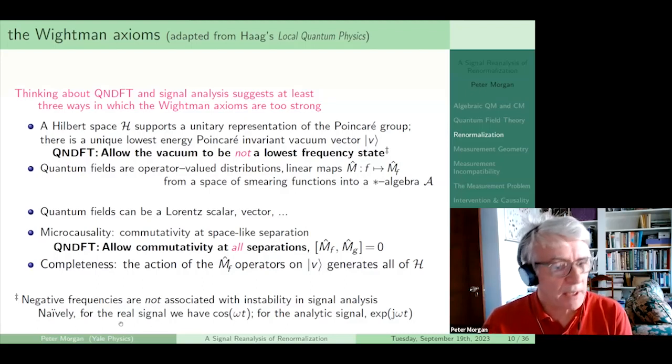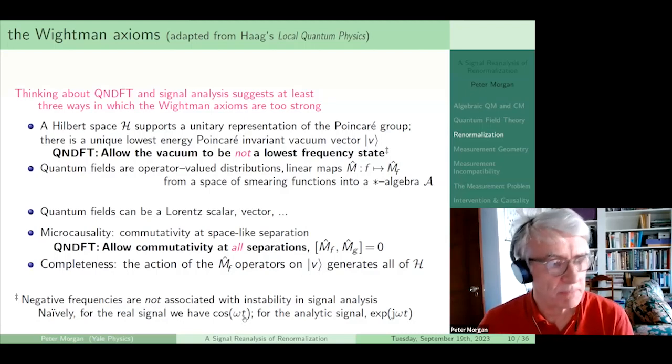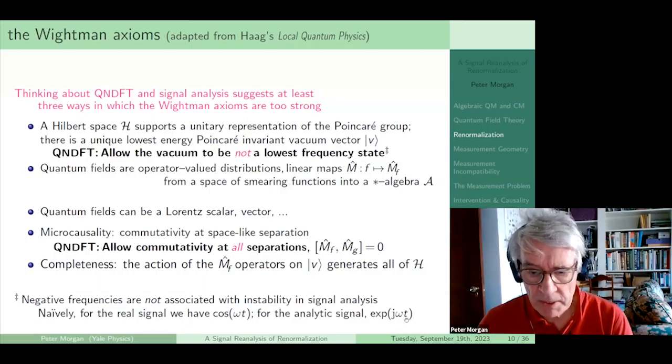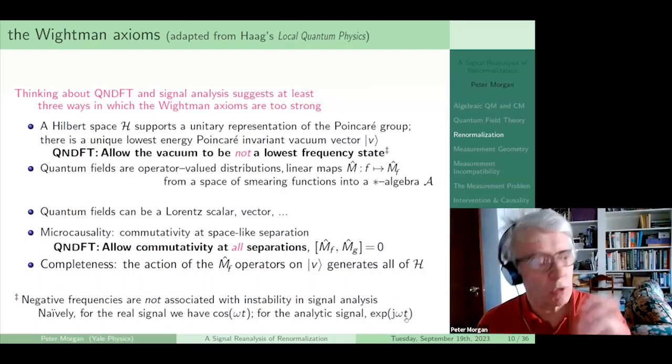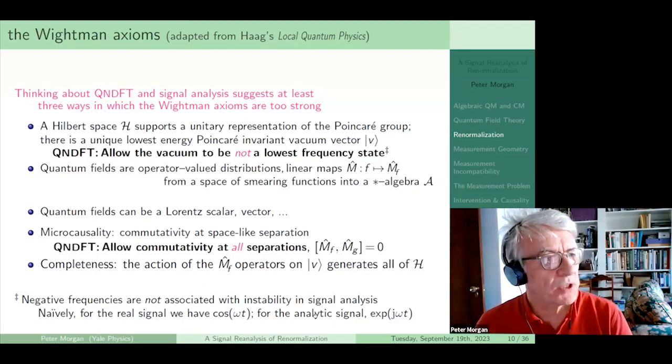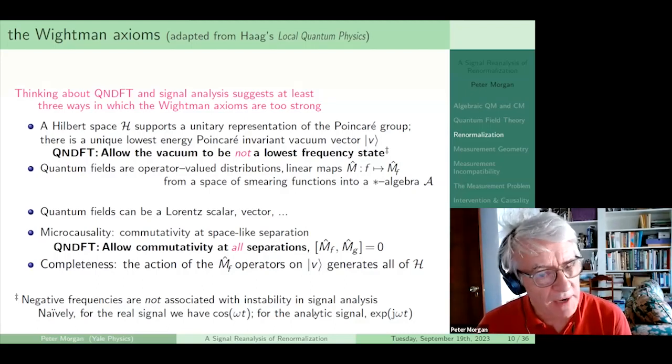If we're working with signal analysis, for the real signal we have cosine of omega t with the phase, whereas for the analytic signal we can call this either positive or negative frequency, but still it's only positive or only negative frequency. And we use something like the Hilbert transform to go between these two things, which looks very similar to the bullet operation I introduced on the previous slide. So that's the way to think about this in signal analysis terms.